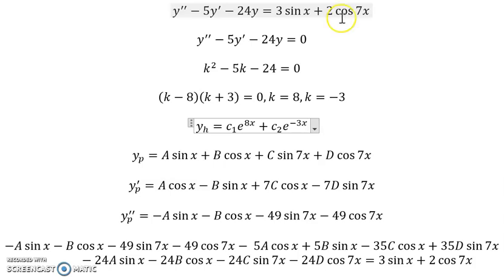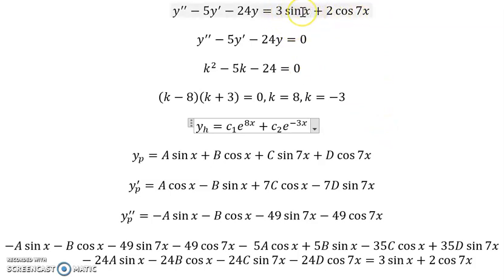If the solution here and the functions here are similar, like if we had an e to the 8x appear in the forcing function, then we would need to account for that by using our trick of multiplying by x. But here, e to the 8x and e to the negative 3x have nothing to do with sine x and cosine 7x, and so we're just going to proceed to our guess.